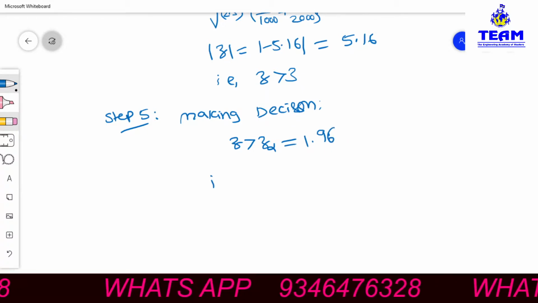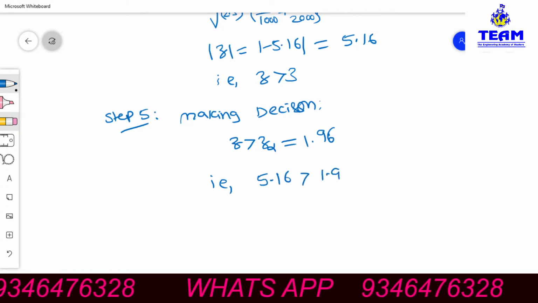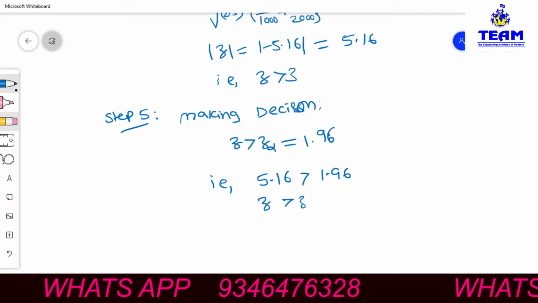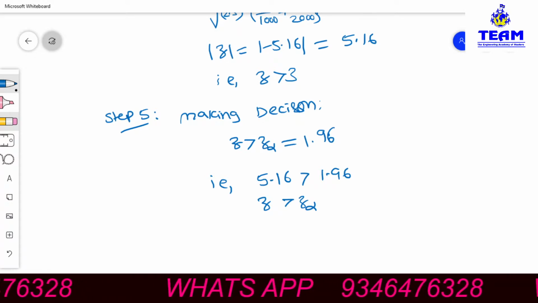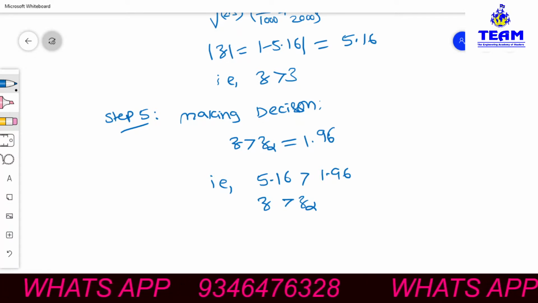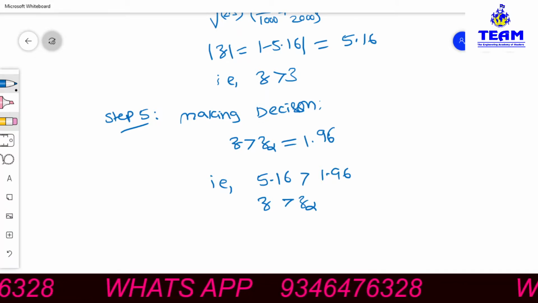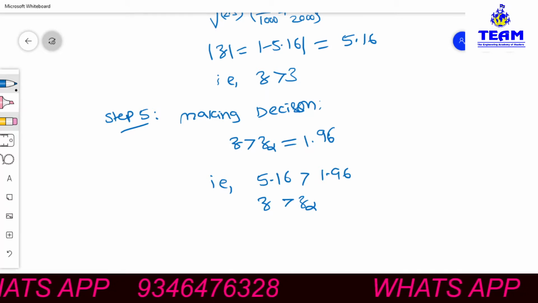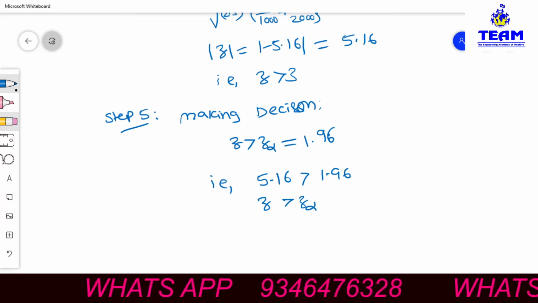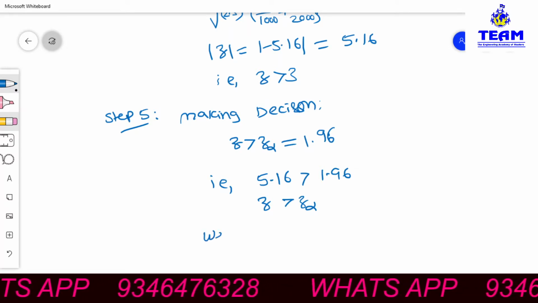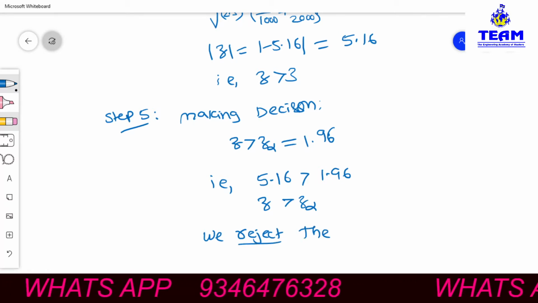That is, 5.16 is greater than 1.96, Z greater than Z alpha. Z alpha is called the significant value, Z is called the calculated value. Whenever you get a calculated value greater than the significant value, sometimes also called the tabulated value, we can simply reject the null hypothesis. So the decision is that we reject the null hypothesis.